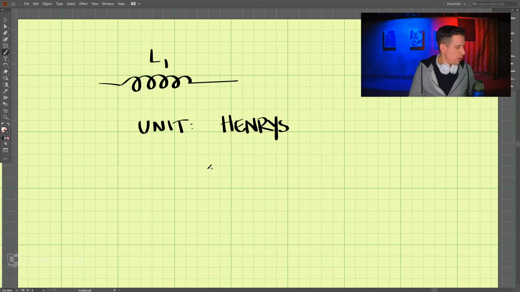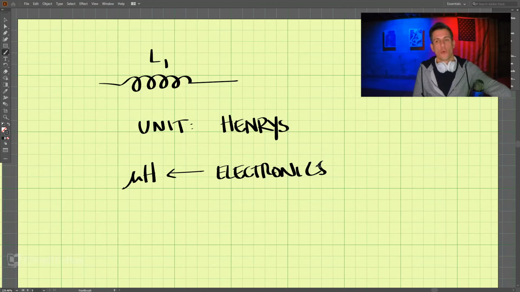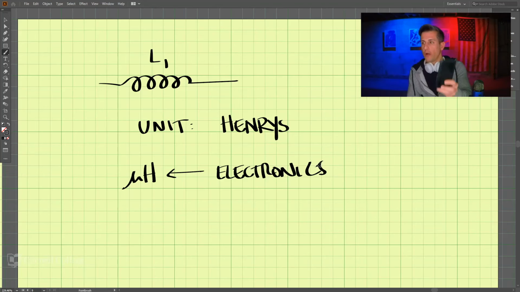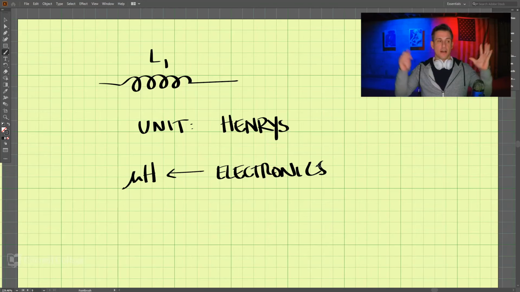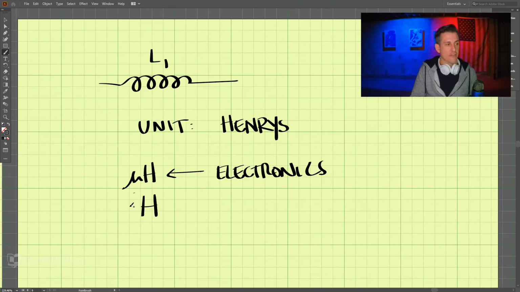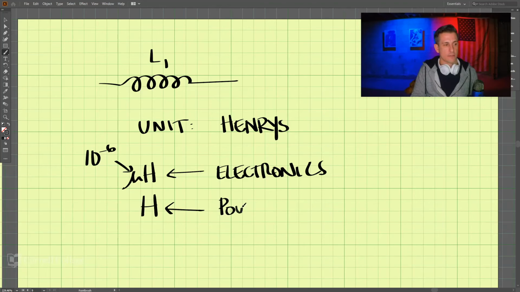In use, we may have microhenries for things like electronics, such as in our phones. But if we have very big inductors, we measure those in henries. Micro means small, that is 10 to the negative sixth. And henries are very big, for very big power systems.